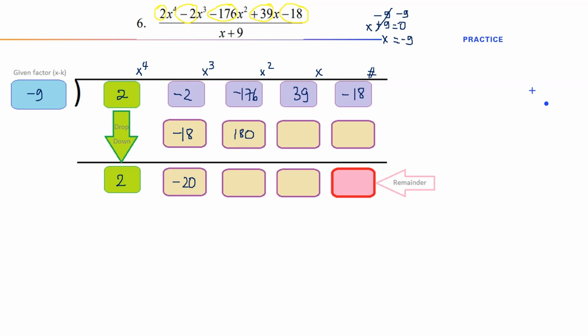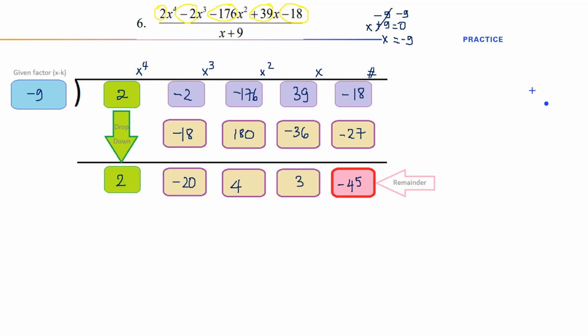We add negative 176, that makes it 4. 4 times negative 9, negative 36. We add 39 is 3. 3 times negative 9 is negative 27. Then we add negative 18. So that will be negative 45. 8 plus 7, 15, write 5, remember 1. 1 plus 2 is 3 plus 1 is 4. And it's more negative, so that's negative 45.